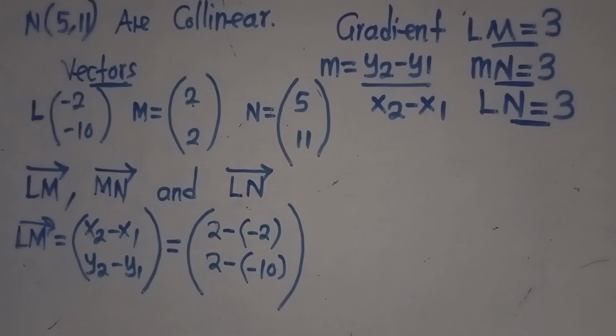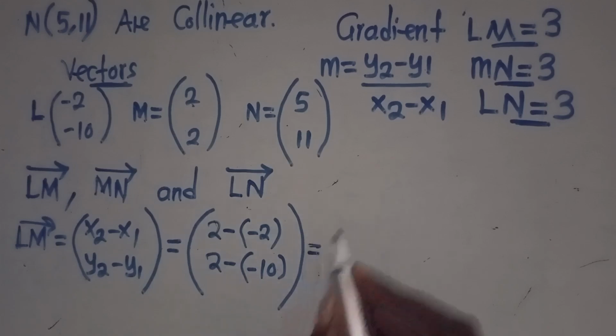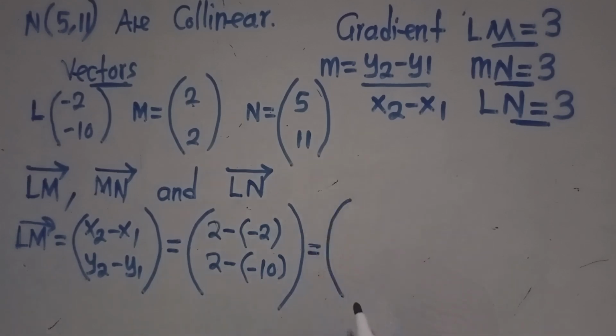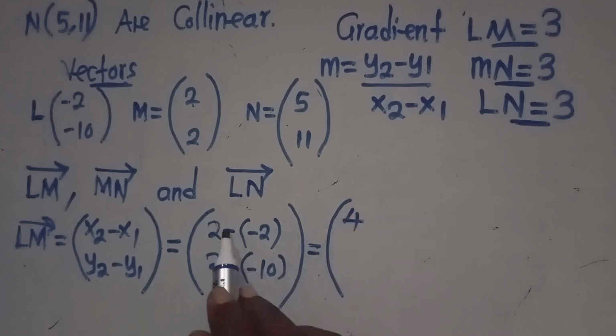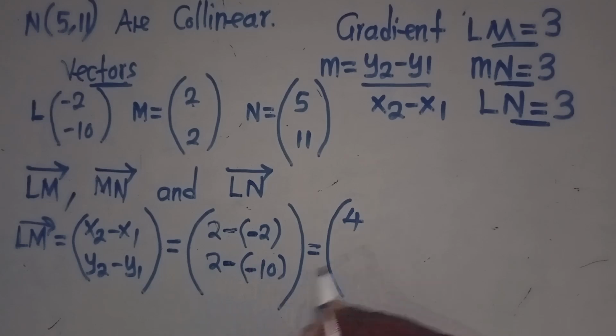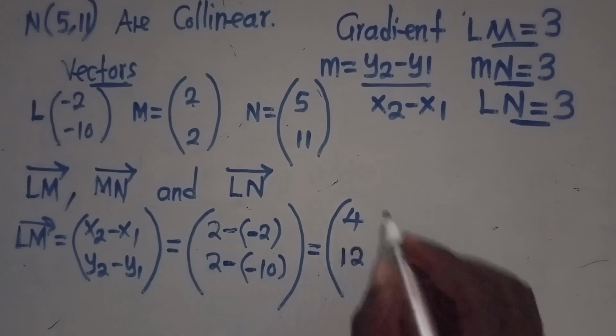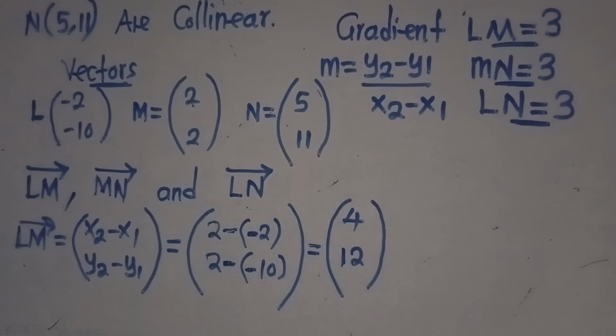So in this part, definitely you are going to get 4 there. Negative times negative gives a positive. 2 plus 2 is 4. Here you are going to have a positive 2 plus 10, that is 12. This is the answer for this one. So this is what you get to do.